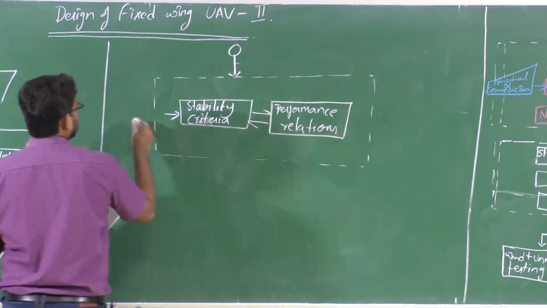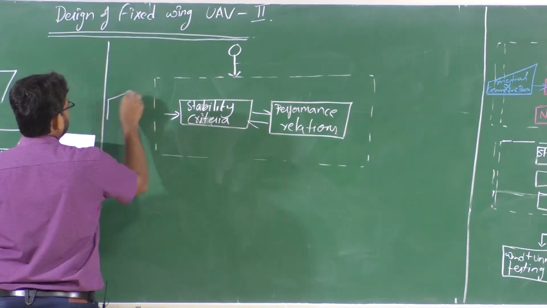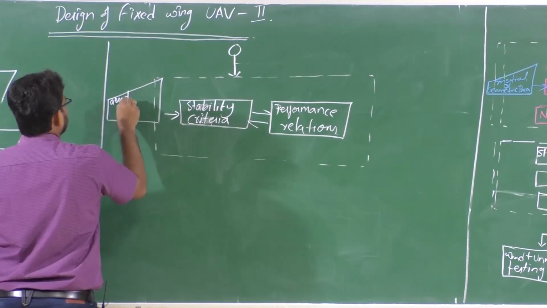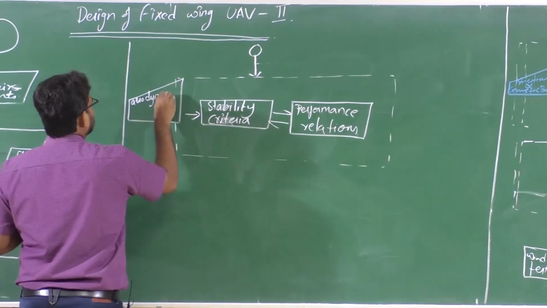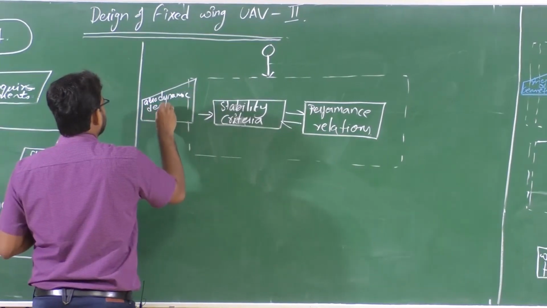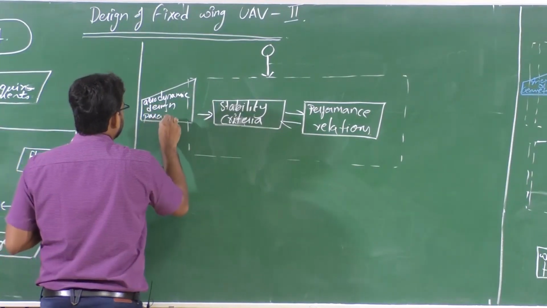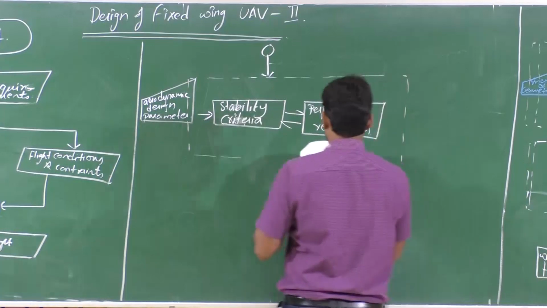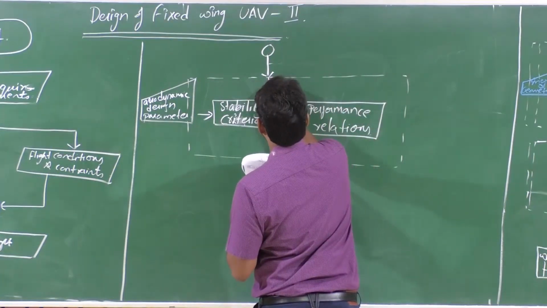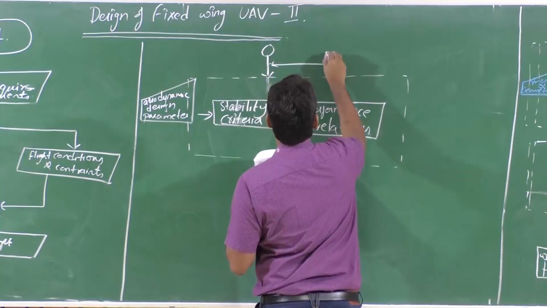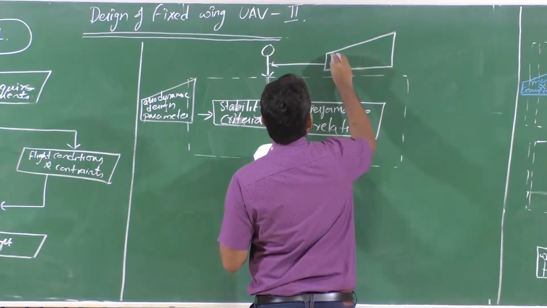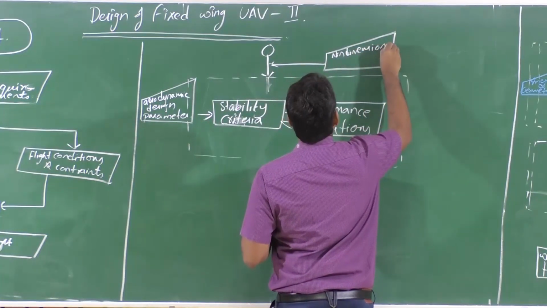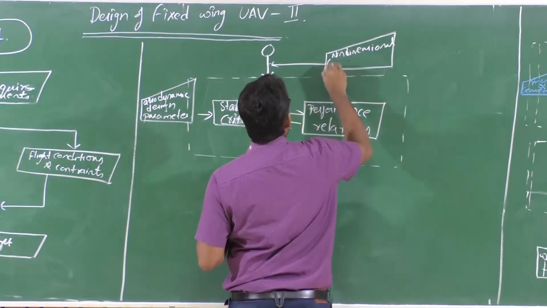For this stability criteria, in order to figure this out, we need some inputs in terms of aerodynamic design parameters. And we will also require some non-dimensional geometric parameters as an input.